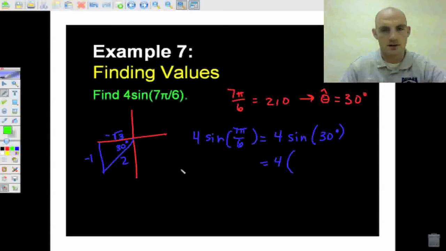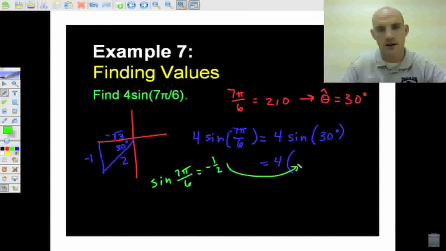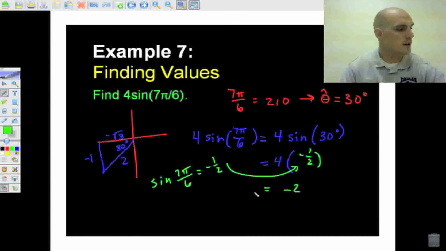So sine 7 pi over 6 is equal to negative 1 over 2. I'm going to put that in here. So this is equal to negative 2. Okay, so that's my sine. So this is how this goes. We're substituting values to give us what we want using the unit circle.